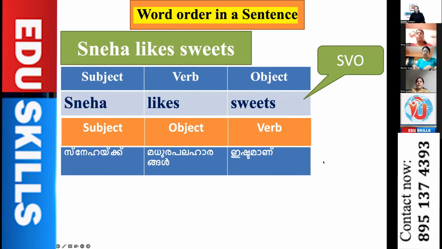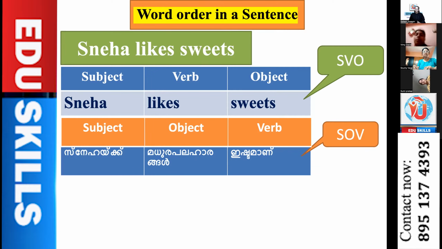I have already taught you this. If you are a beginner, take any other language. In Malayalam, it is Snehaki Madhura Palaharam Ishtamana, which means the order is entirely different: subject, object, verb. That's the difficulty when you construct a sentence, especially when you speak. You find difficulty in having fluency, because you think in Malayalam or your mother tongue, Kannada, or any other language, then you try to translate inside your brain.